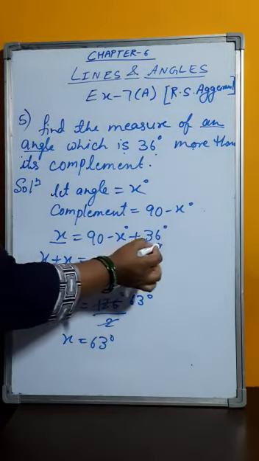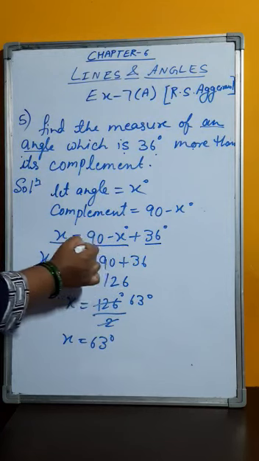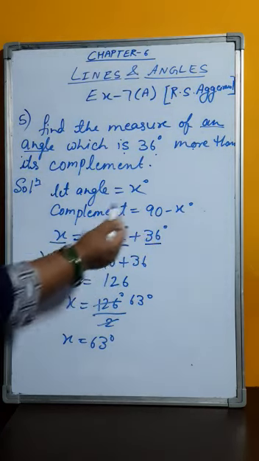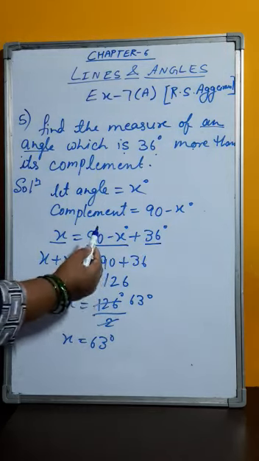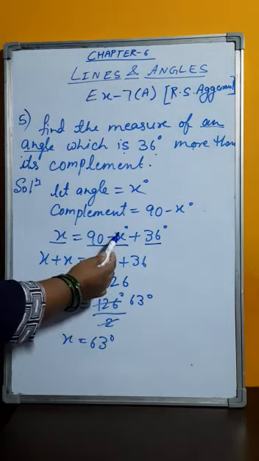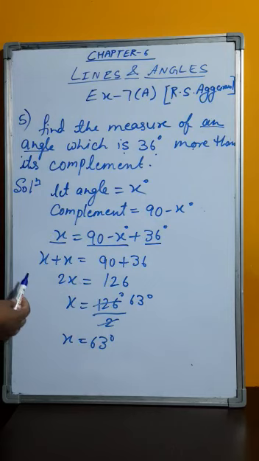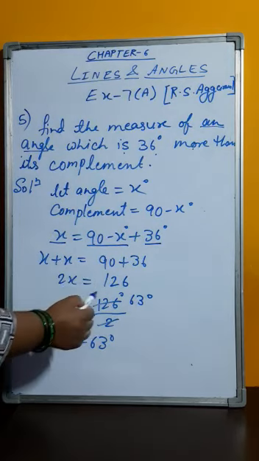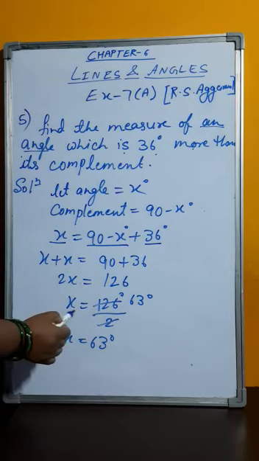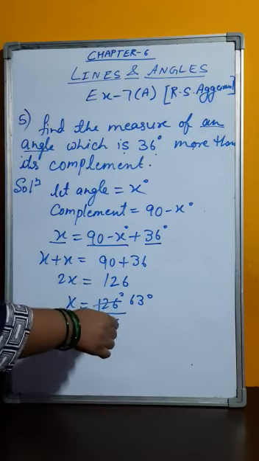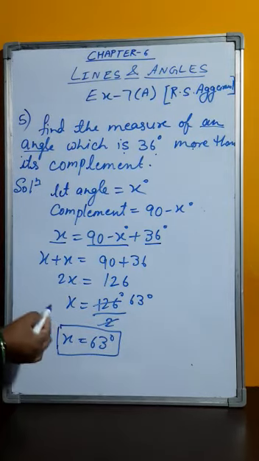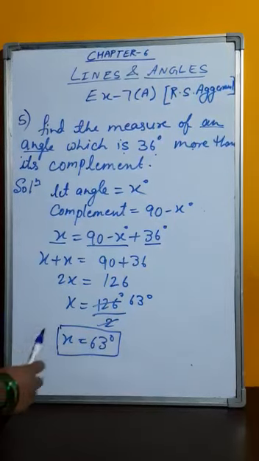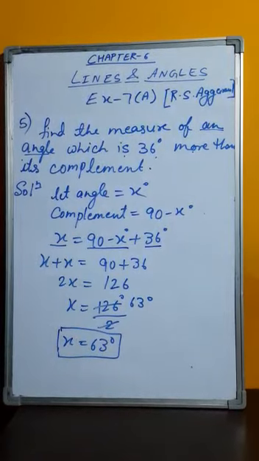So the equation will be formed like this: angle equals its complement plus 36 degree. This 90 and 36 will be added, and this minus x will be brought this side. So here we have x plus x, which is 2x, and 90 plus 36 is 126 degree. So x can be calculated by 126 divided by 2. So we got the required angle as 63. 63 degree is 36 more than its complement.